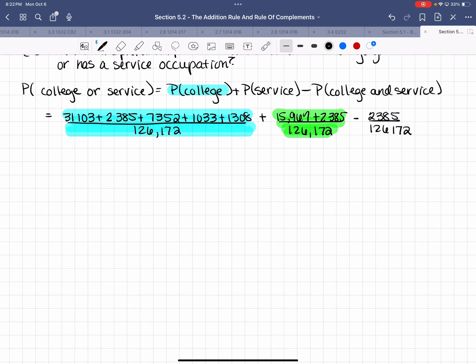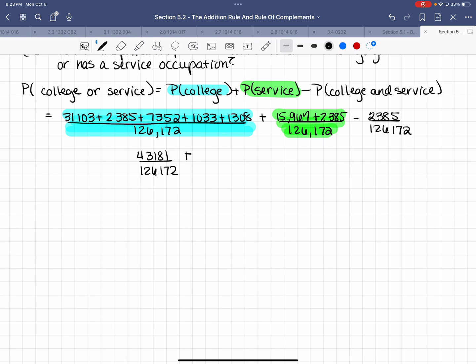Now you're ready. This one, the first part in blue should be, we got what? 43,181 over 126172 plus, did y'all get a number for the green for me? Or did y'all just do it all together? Oh, all together?